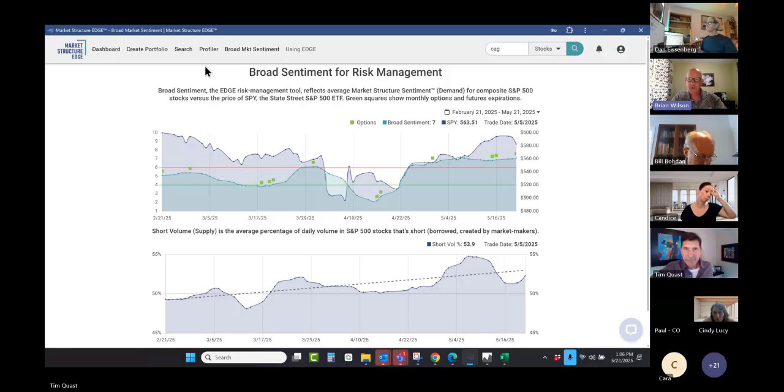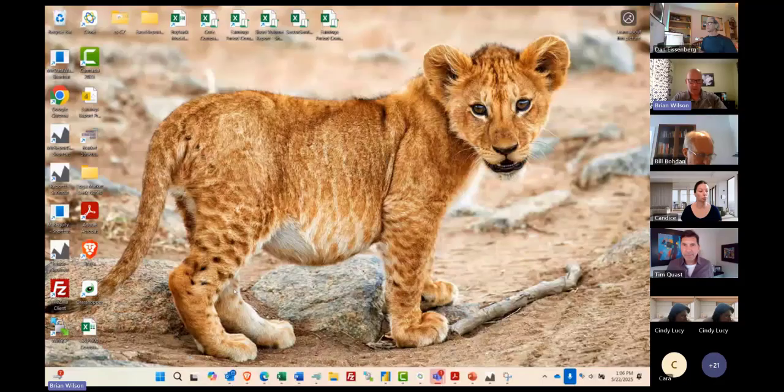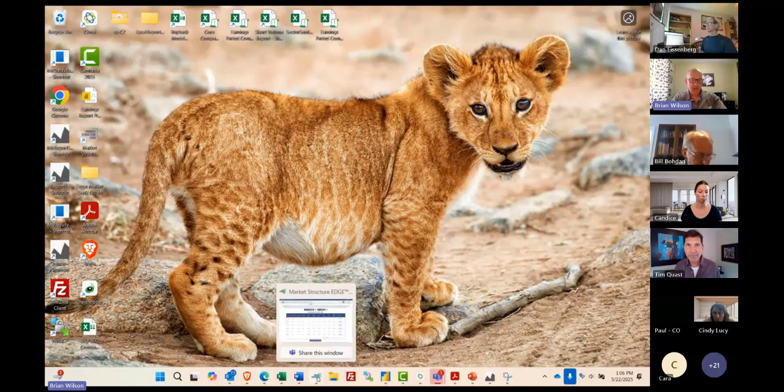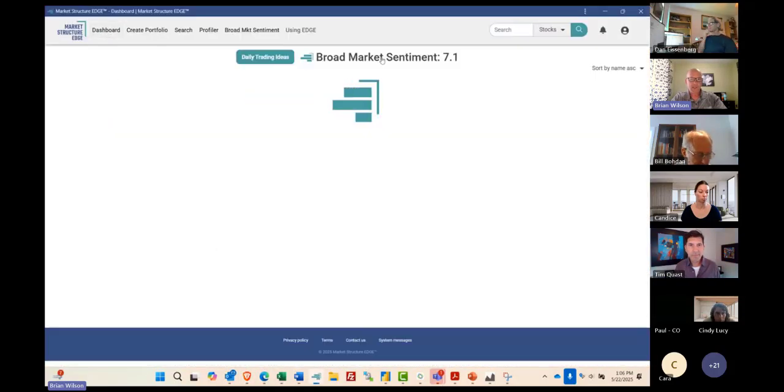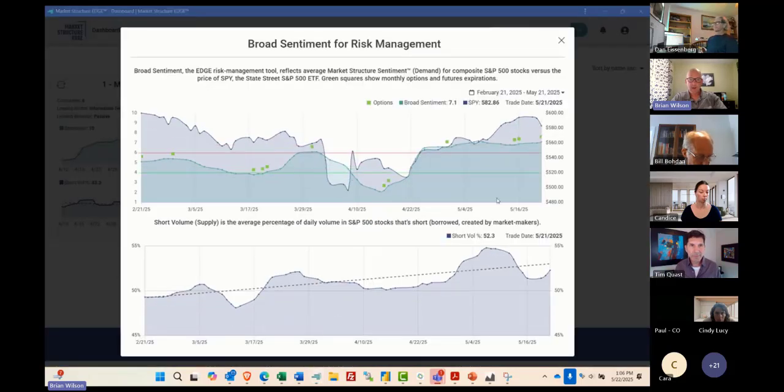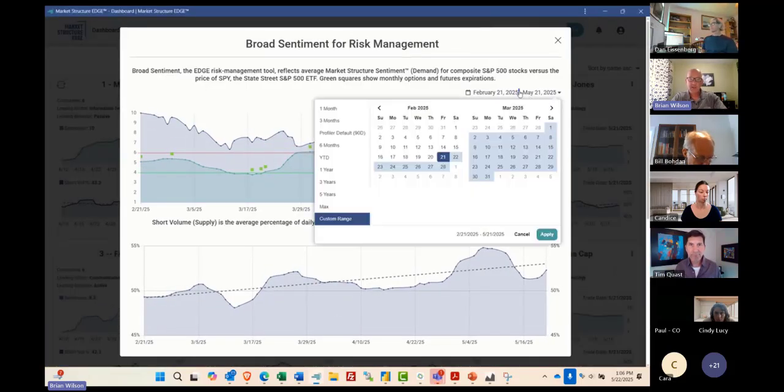I'll share my screen for one moment. You talked about this earlier in terms of, are we seeing a change right now? Are we perhaps seeing a change in overall short volume levels? And that's certainly a possibility.